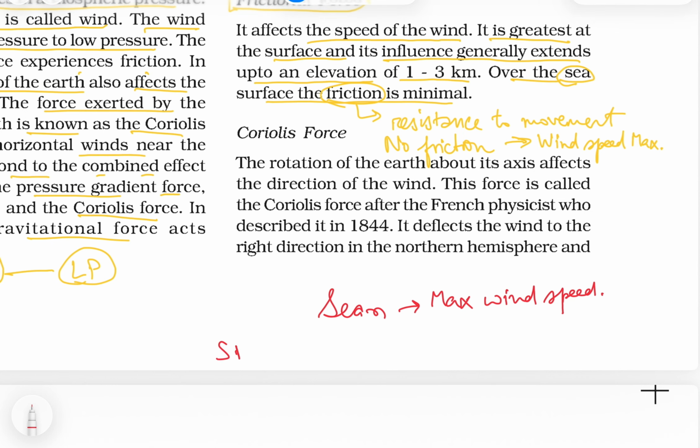So in case of the southern hemisphere, at 40° south, 50° south, 60° south, there we have uninterrupted flow of wind.